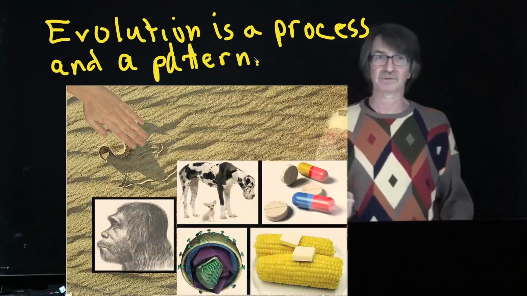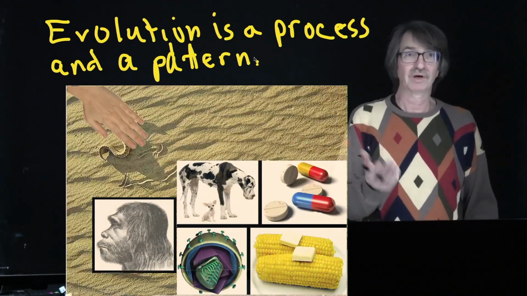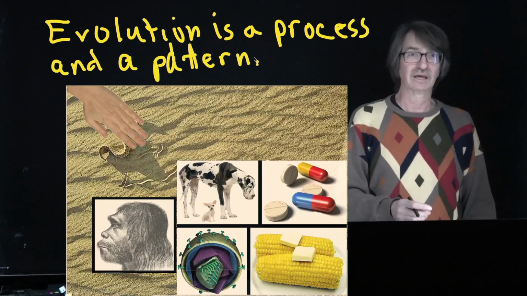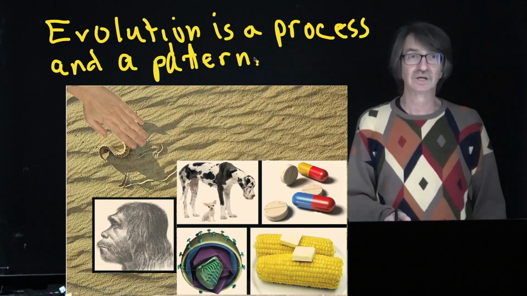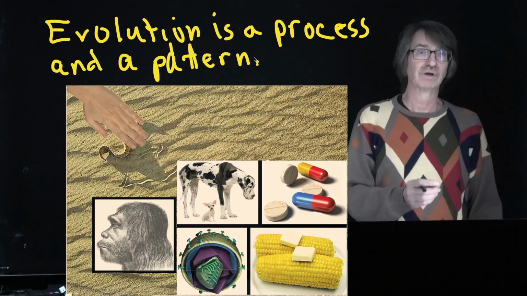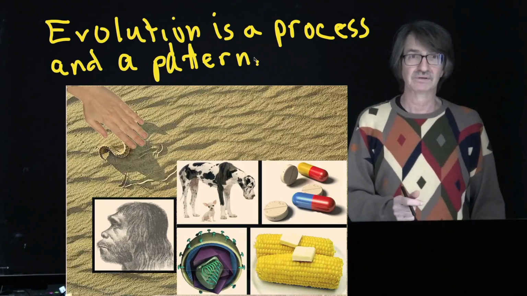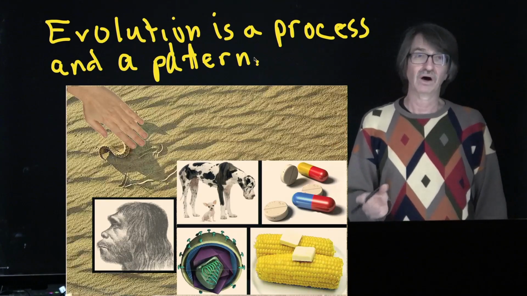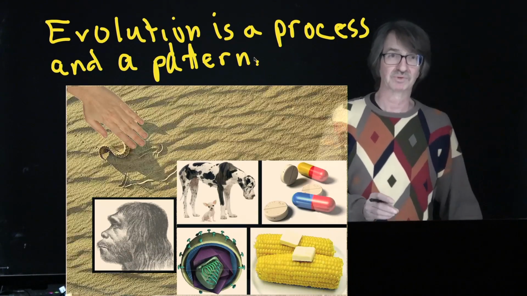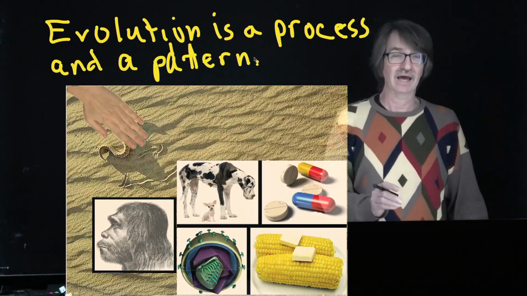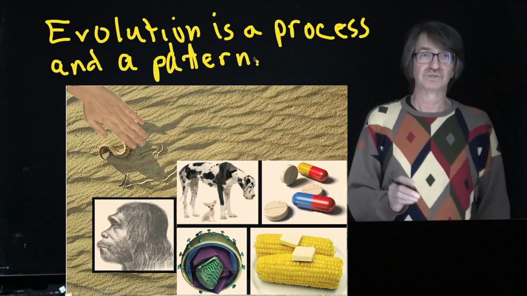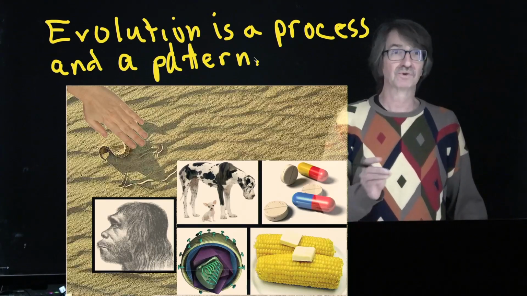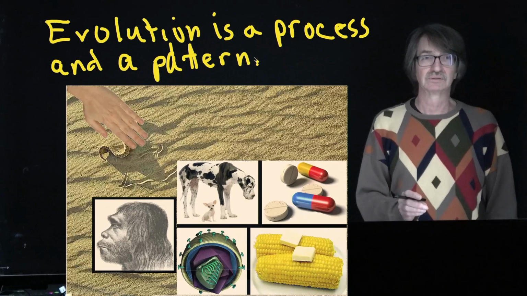And here's some examples of those stories. All the breeds of dogs are the result of humans taking advantage of evolutionary change and breeding over the last several centuries. When your doctor admonishes you to make sure you take all the pills in an antibiotic prescription, they're saying that because if you stop short, there's a chance the bacteria could become antibiotic resistant through a process of evolution.